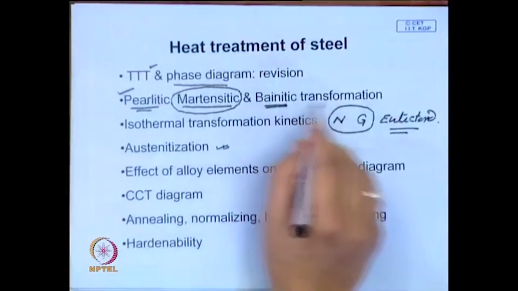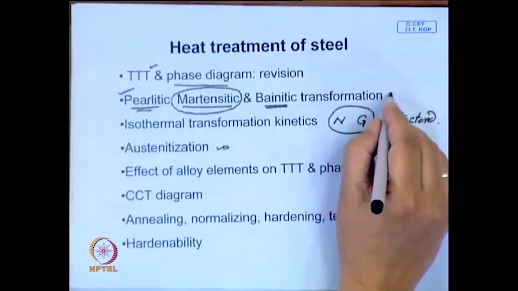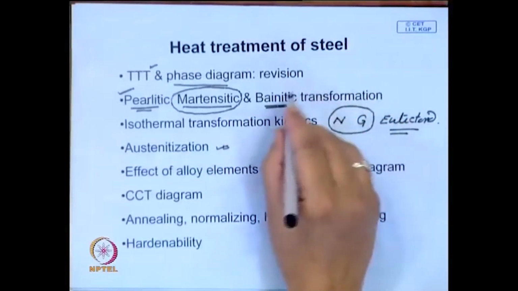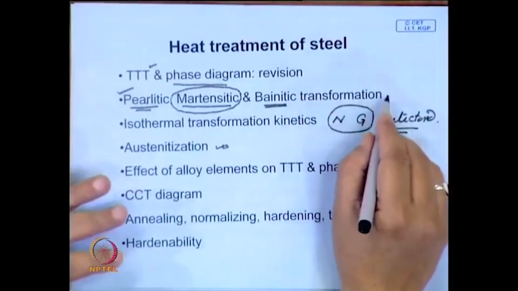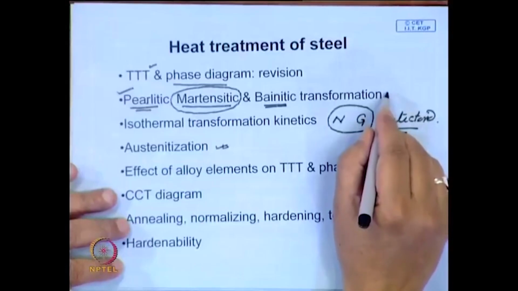But basically here some precipitation does take place. So, bainitic transformation is a transformation where some amount of short range diffusion of carbon atoms is essential, that is the key.